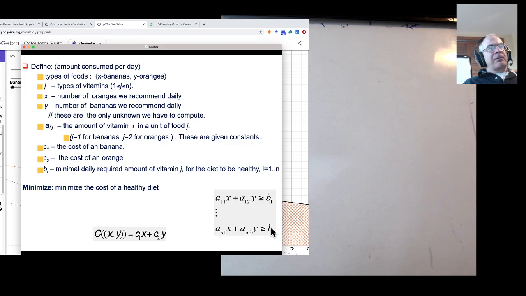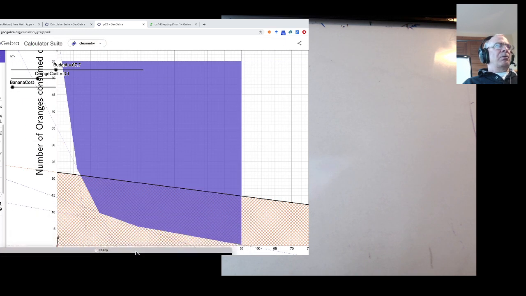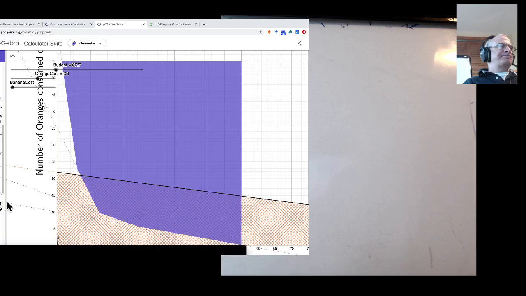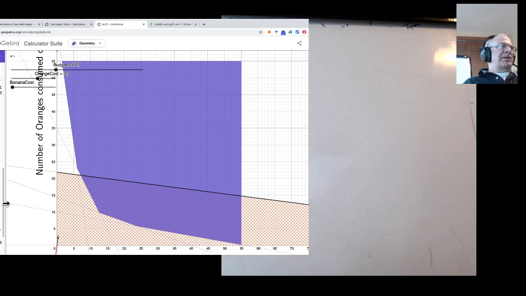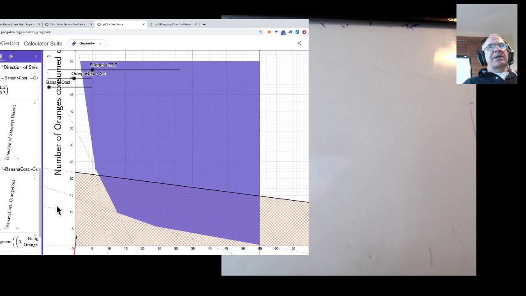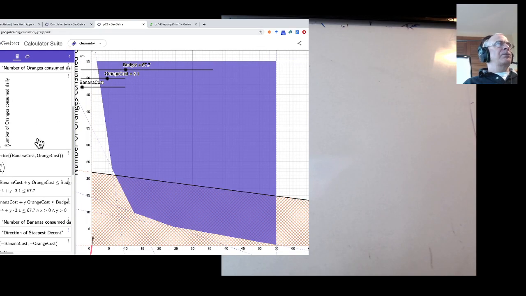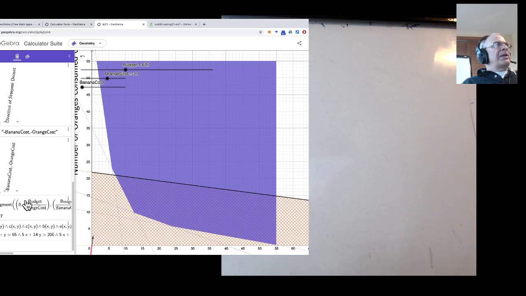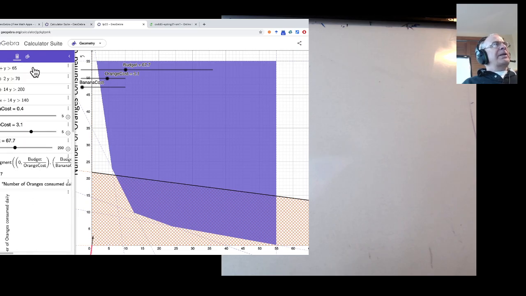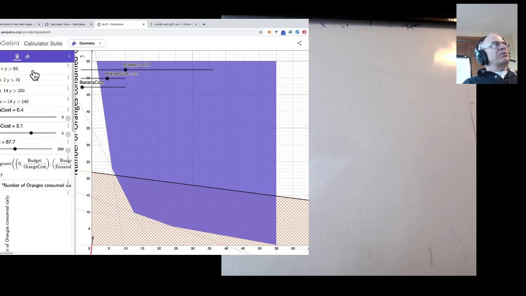And similarly for each other vitamin, and I want to look at it and at the same time find the cheapest diet. So we saw that we dedicated a class and a half to look at this fantastic app that allows me to look at, say, constraint 1. What is that?